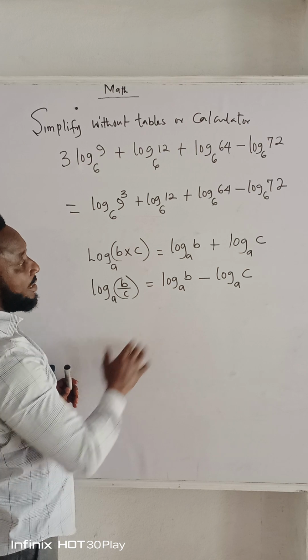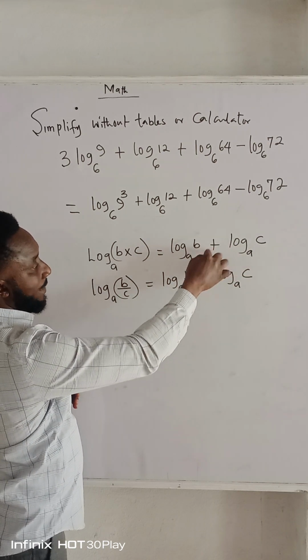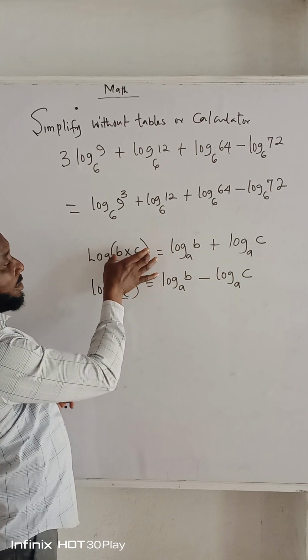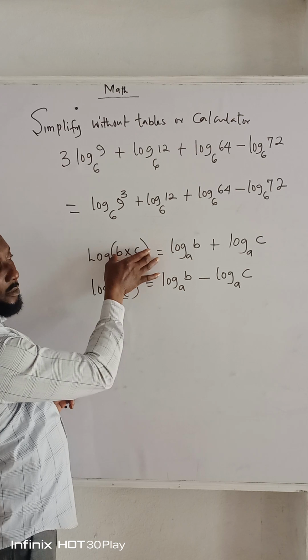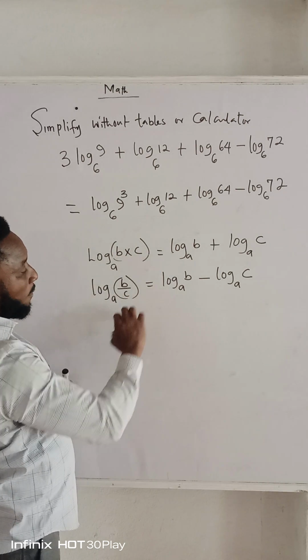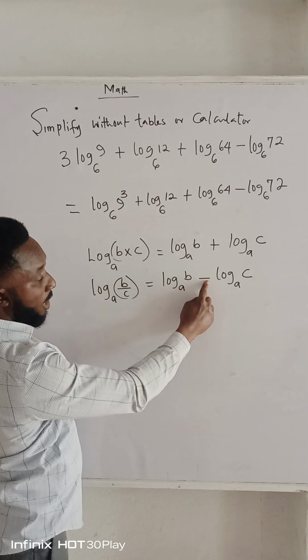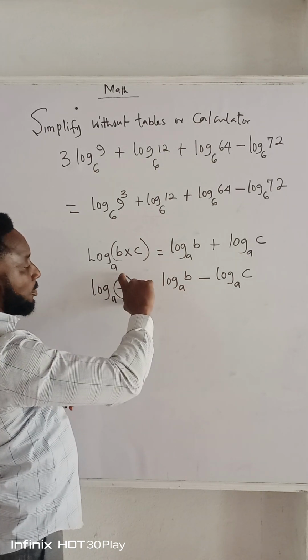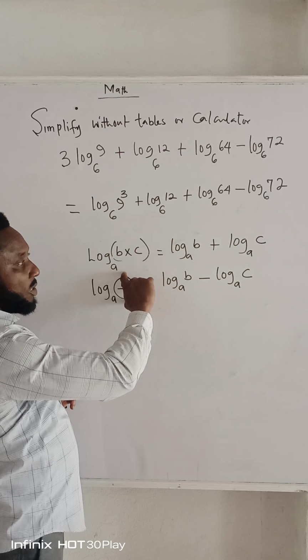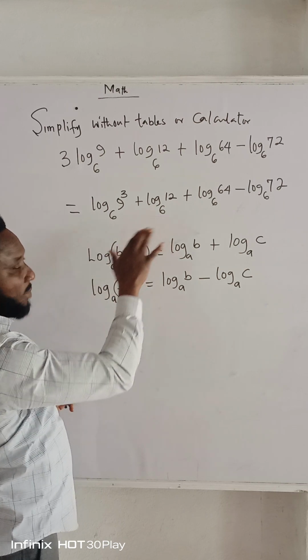So you can see that if the logarithms are added together, we take the multiplication of the arguments. And if they are subtracting each other, we take the division of the argument. So with these two laws, we can simplify this.